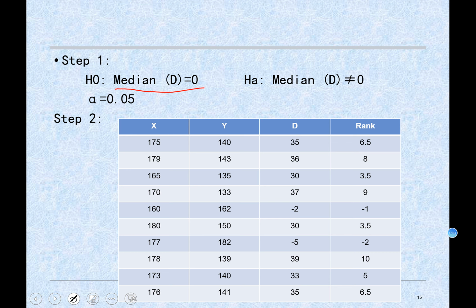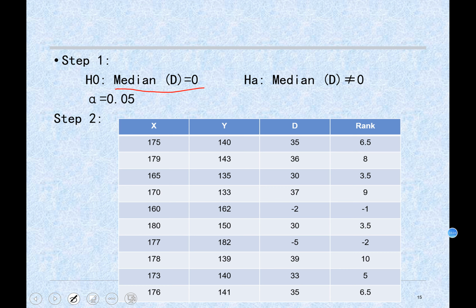Let's review what we learned in chapter 6 when solving a question about a paired samples t-test. In the hypothesis test of the paired samples t-test, we need to calculate the difference of before and after, and we try to test if the difference is symmetric around 0.